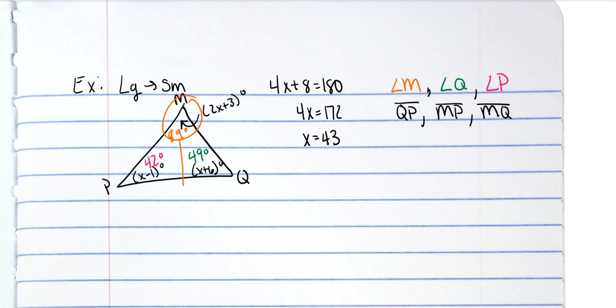Across from M is PQ, which is QP, same thing. Across from Q is PM or MP, either way. And across from P is MQ. So it works. And let me erase all this craziness I drew all over this triangle.